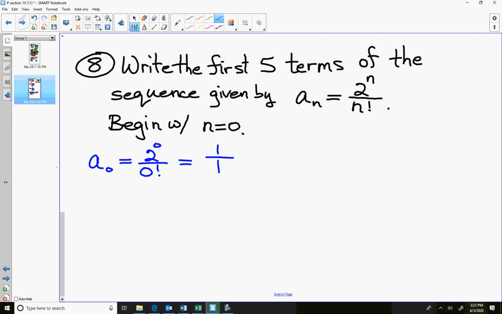So we get 1 over 1, which is simply 1. Lost the problem. First 5 terms. All right, so A1. So now it's going to be 2 to the power of 1 over 1 factorial. 2 over 1, just simply 2.